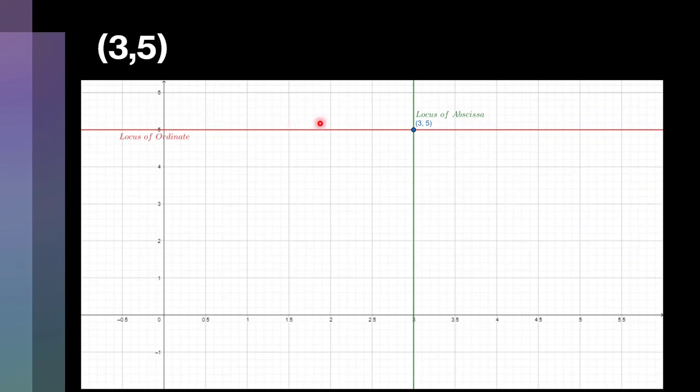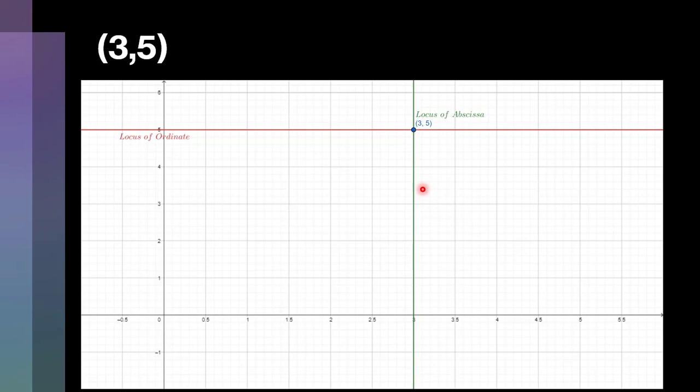So (3, 5). If we see this, 3 is the abscissa, 5 is the ordinate. Now observe carefully that first of all, I have drawn the abscissa. So see, abscissa is 3. Abscissa means distance from the y-axis. So I took a distance from the y-axis as 3 and then drew a whole line.